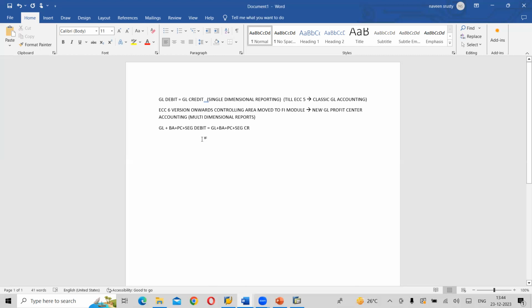Means earlier version we used to see only the balances as per GL wise, but now we can see the balances as per GL, as per business area, as per profit center, as per segment. I'll give you each and everything here.